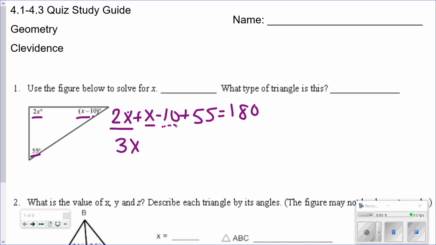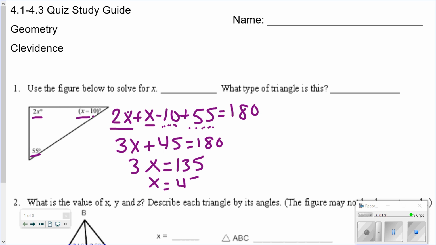Negative 10 plus 55 is a positive 45, is equal to 180 degrees. Subtract 45 from each side. 3x is equal to 135. Divide by 3. X is equal to 45.